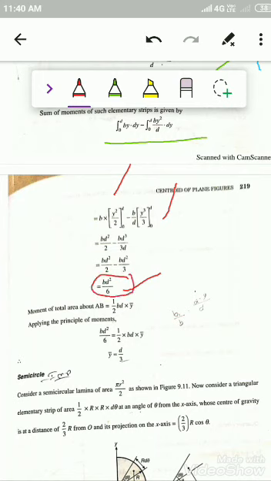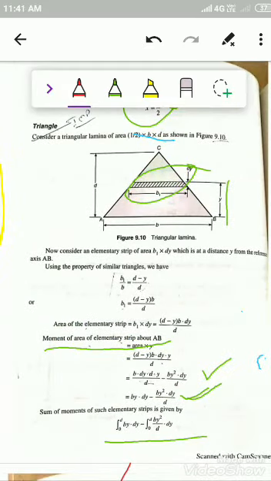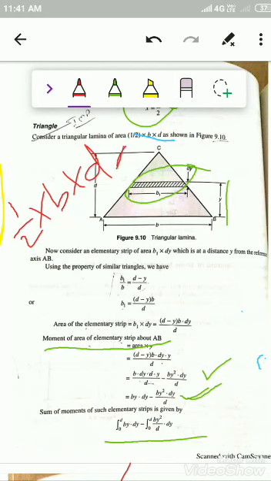Similarly, the moment of the total area about AB. The total area is the area of the triangle, which is half into base into height d. This area into perpendicular distance, which is y bar, is the moment of the entire triangle about AB.